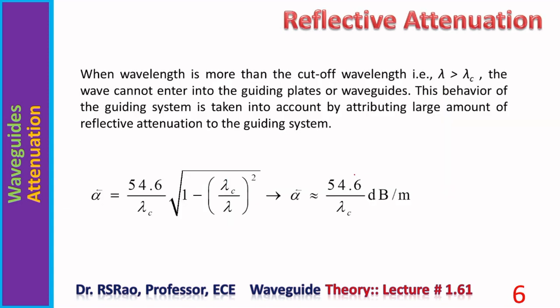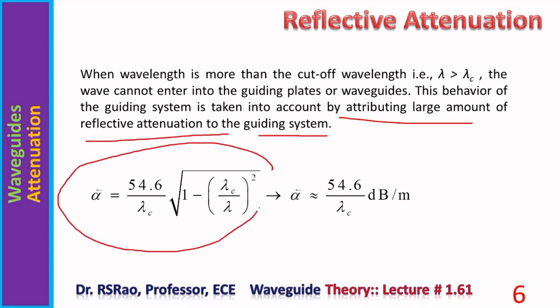Some information regarding reflective attenuation. When wavelength is more than cutoff wavelength, that is lambda is more than lambda c, or in terms of frequency, frequency is less than cutoff frequency, that is f is less than fc, the wave cannot enter into the guiding plates or waveguides. This behavior of the guiding system is taken into account by attributing a large amount of attenuation, called reflective attenuation, to the guiding system.